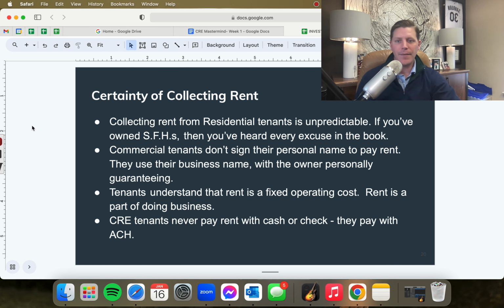Another key feature I'm sure you guys are aware of is that you've probably had residential tenants who pay with cash, or show up with an envelope with hundreds of dollars in it, and you've got to go deposit it in the bank. None of my tenants pay me like that. They all pay me with ACH. It's auto-drafted every single month.